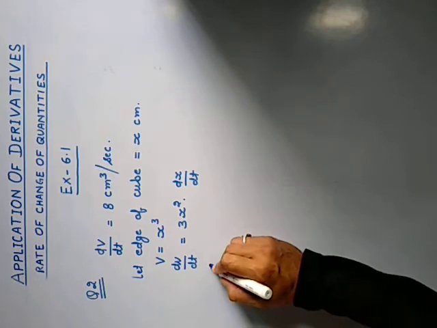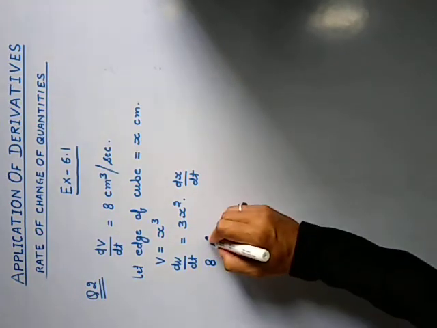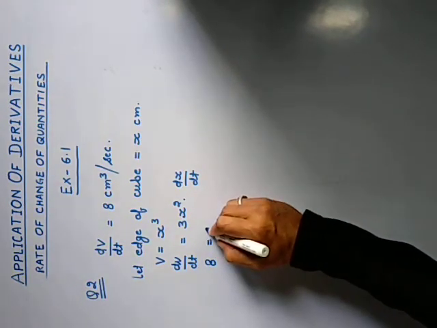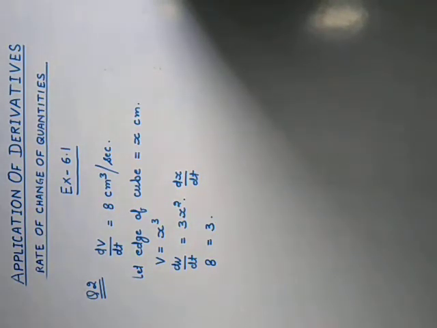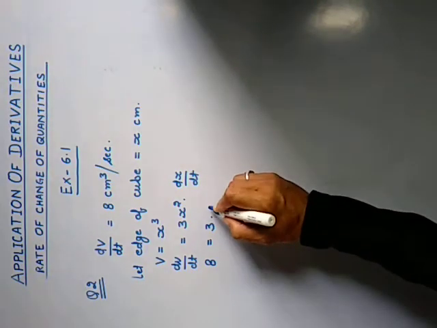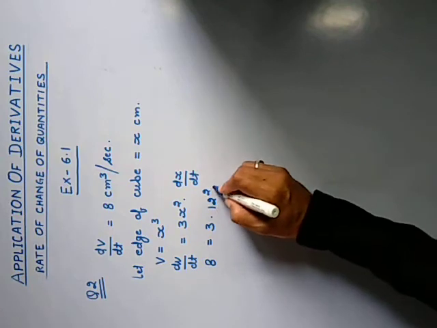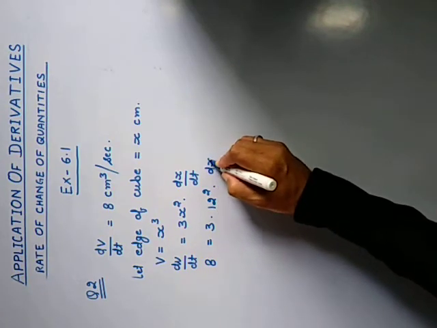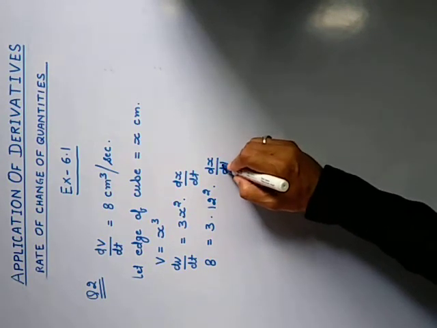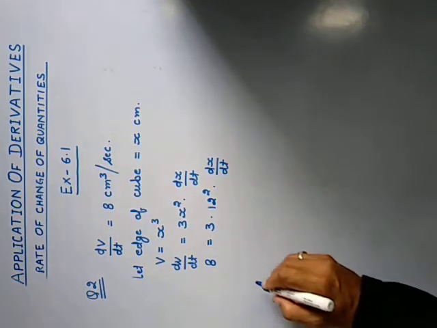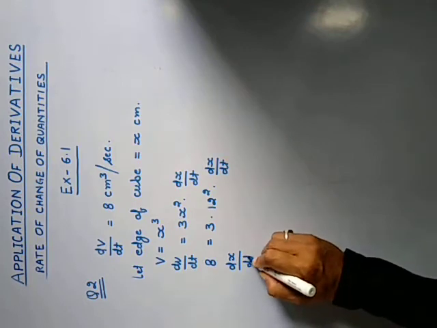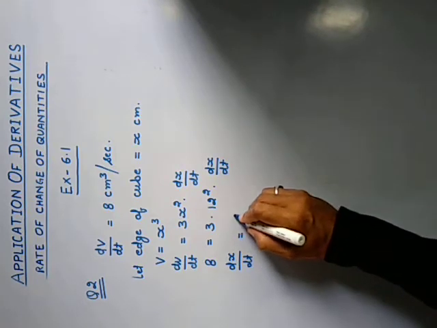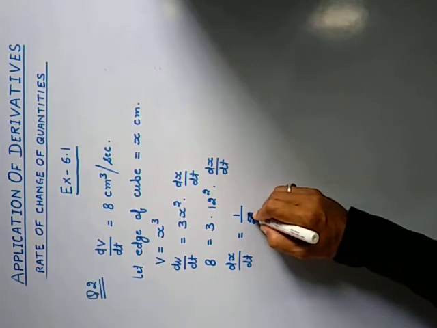Now dV by dt is given 8, equals 3, and x is given in the question, length of edge is 12 centimeter. So it is 12 square into dx over dt. After solving it, we can find dx over dt will be equal to 1 upon 54.